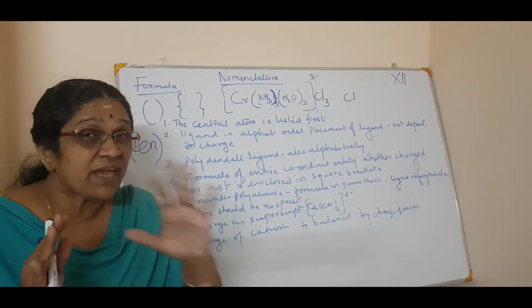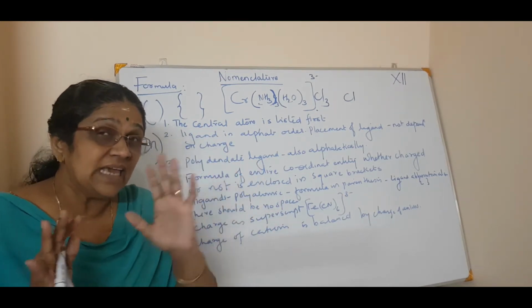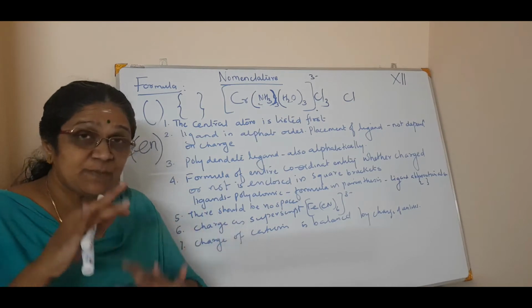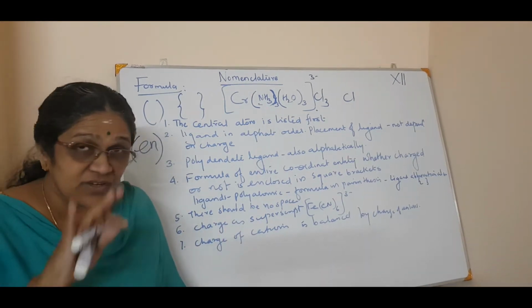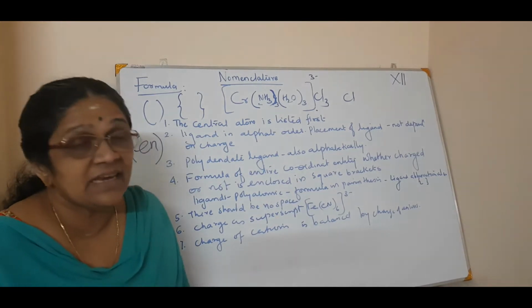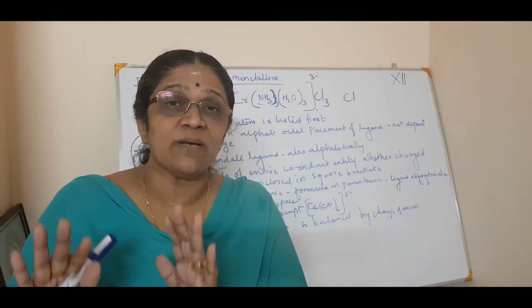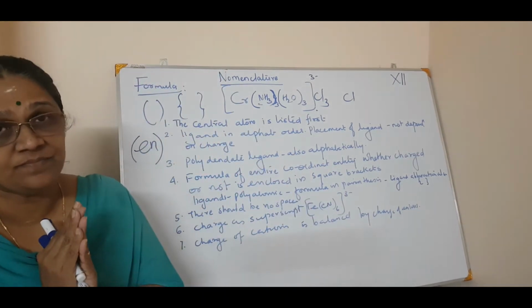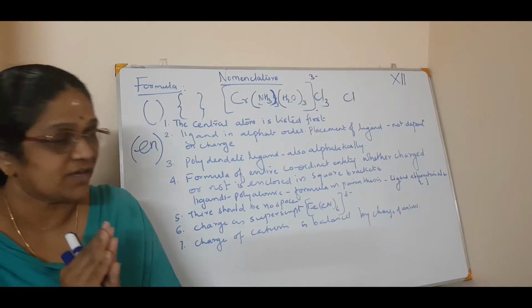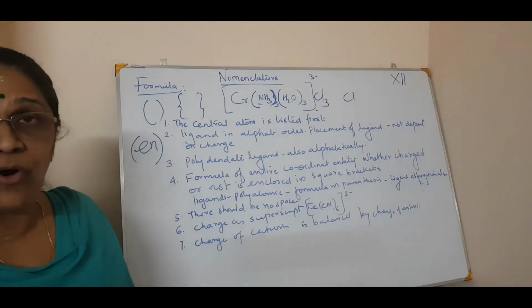There is no space between the central metal atom or ion and the ligands. Then the charge must be a superscript, like 3 minus, not minus 3: first the number and then the charge. And at last you have to ensure that the charge on the cation is balanced by the charge on the anion. Is it clear? So these are the rules to be followed when writing a formula.